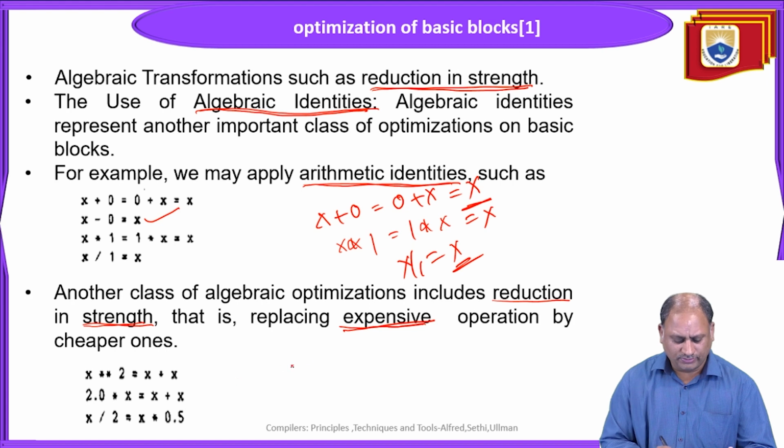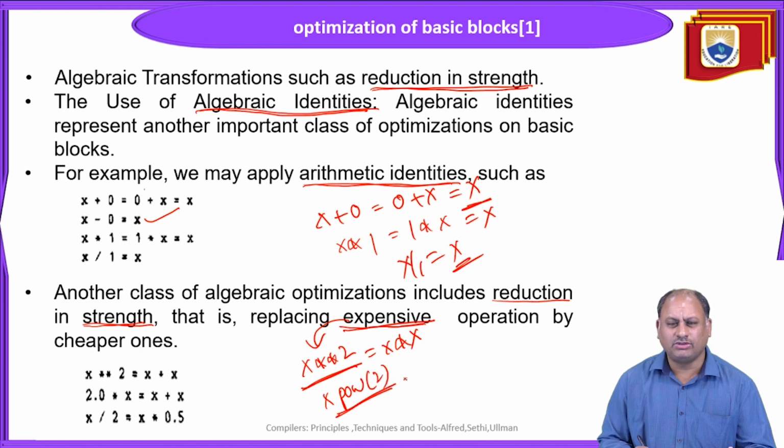For example, x star 2 is equal to x star x, but here the expensive operation is x power 2. The power is an expensive operation, while the cheaper operation is star, which is multiplication.